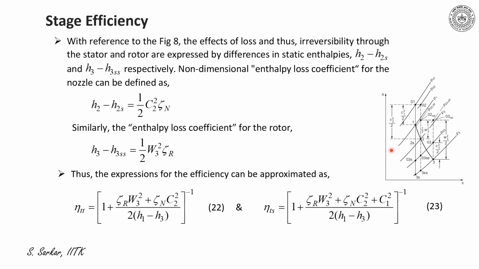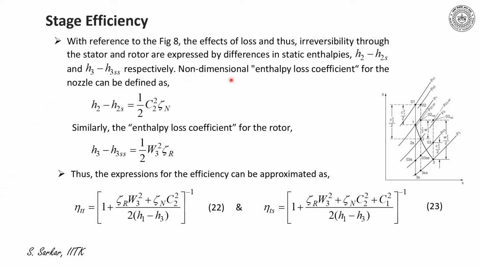Referring to figure 8, please note that the state point 2 and the state point 2ss are denoted here. Similarly, the state point 3 and 3ss. Thus, the difference between H3 and H3ss represents the irreversibilities in the rotor, and similarly the difference between H2 and H2s indicates the irreversibility in the stator.